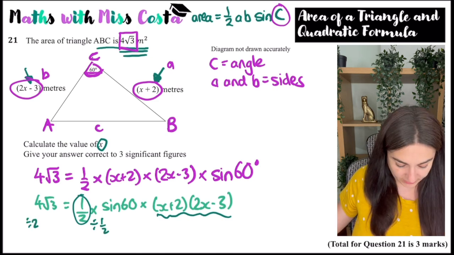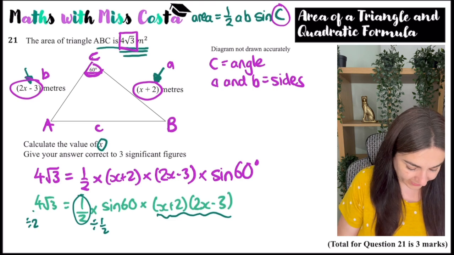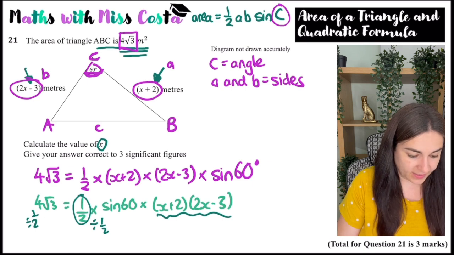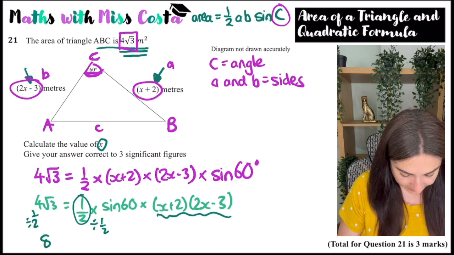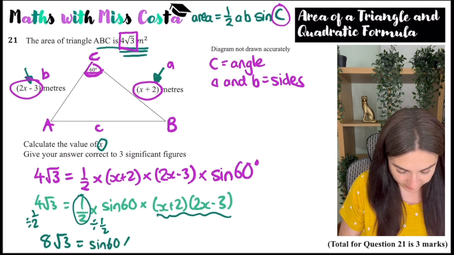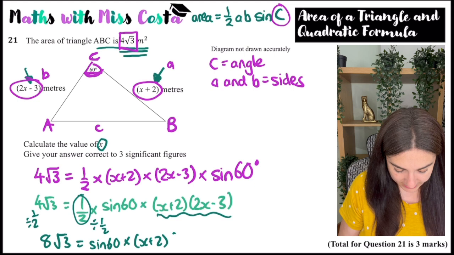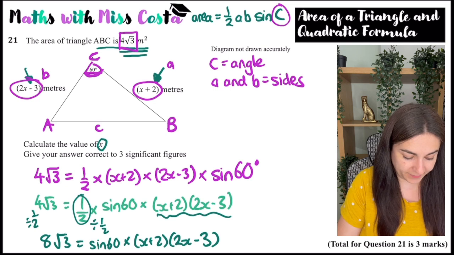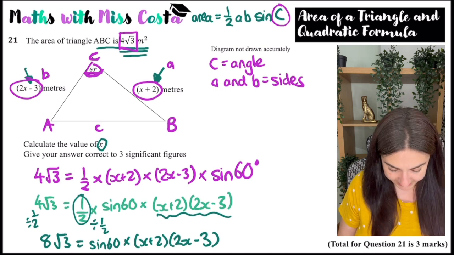Dividing by a half is the same as timesing by 2, but if you're not sure, just enter it into your calculator, and you'd see that that becomes 8√3. So 8√3 equals sine 60 times by this. And then I'm just going to have to divide 8√3 by sine 60, which is 16.